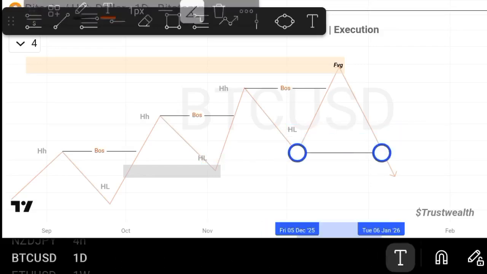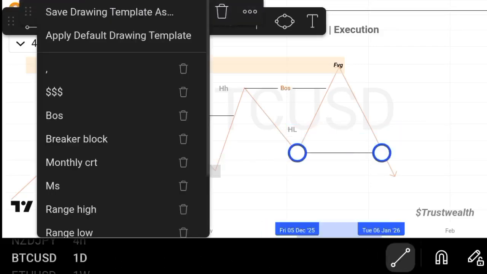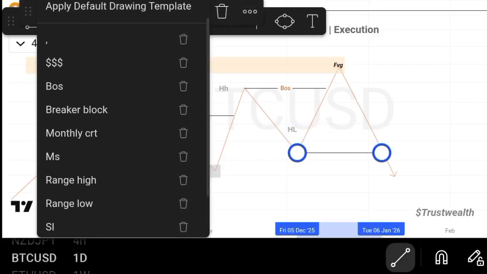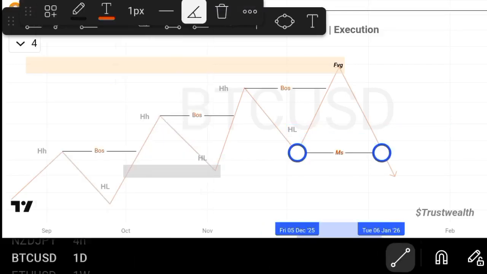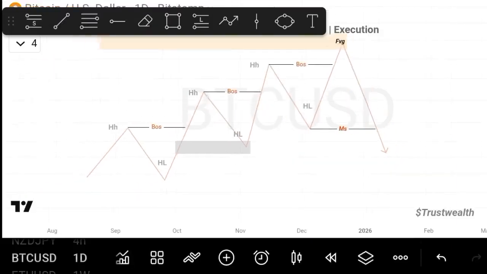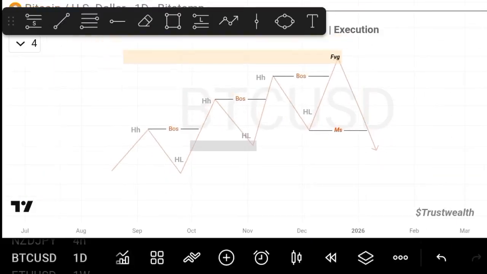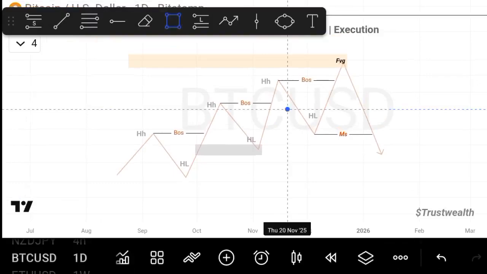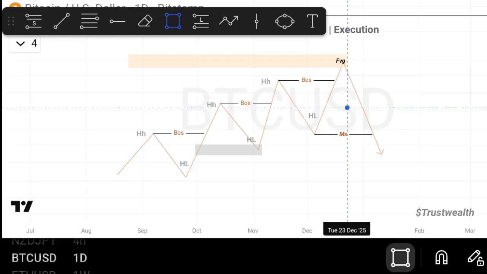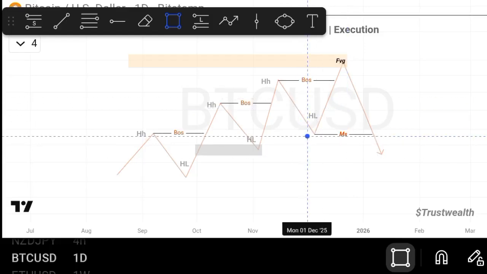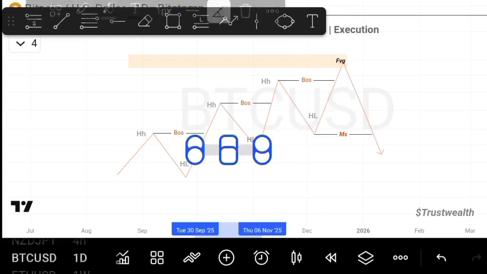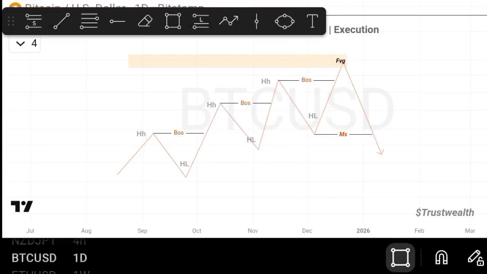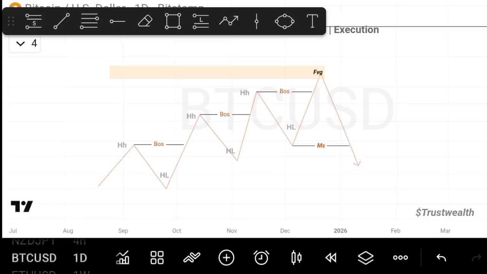Price has now changed its character from higher high, higher low, and has broken this place. So you can't just keep on buying without seeing that price has changed market structure. That's how you keep on getting stopped out.